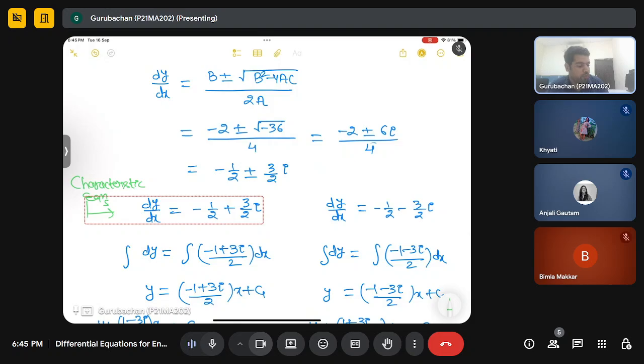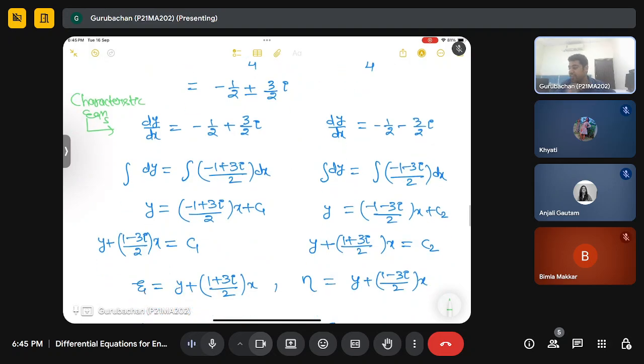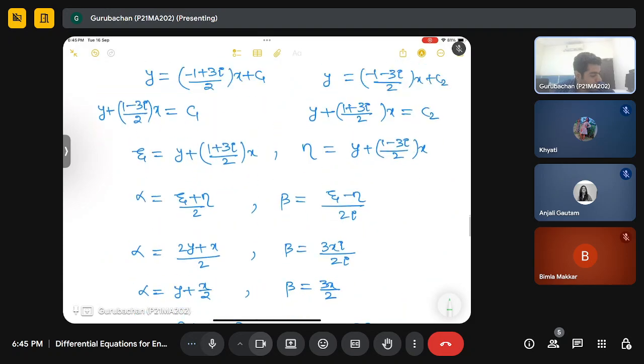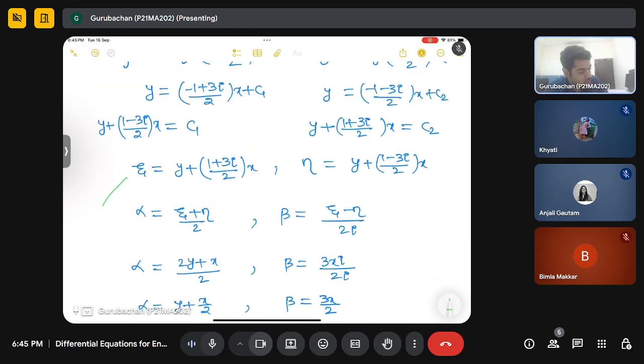Since we are getting two equations, I am mentioning characteristic equations rather than characteristic equation singular; I am saying it in plural. In the same way, the solutions will be treated as characteristic curves. So how can you treat them as characteristic curves? Even this one is also a characteristic curve, and again we have transformed, so this can also be treated as a characteristic curve.